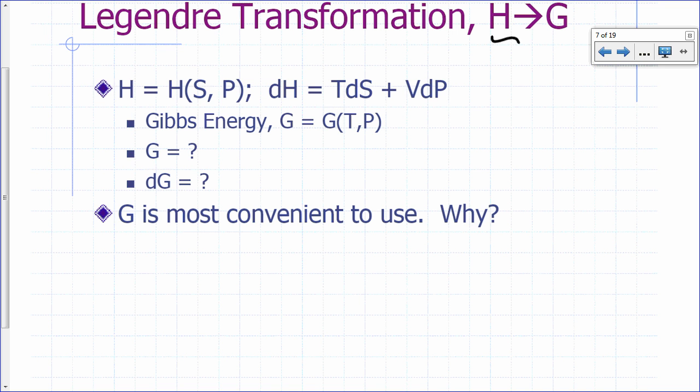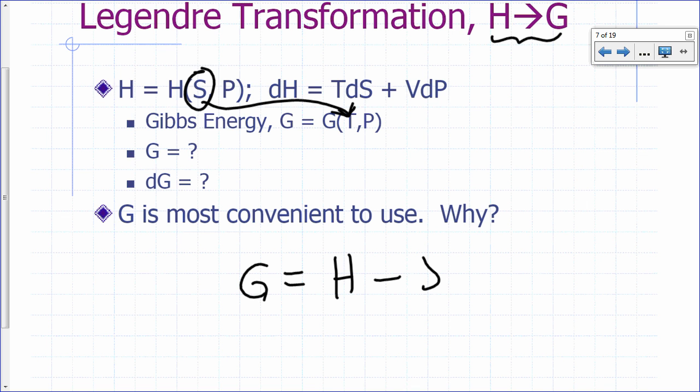We're doing a Legendre transformation where, instead of S, we don't like S, okay? So in the expression for H, we want to do a transformation so that we have T instead of S. So what do we do now? We say that G is equal to H minus, what's the variable we want to replace? S. And what's the derivative you multiply it with?